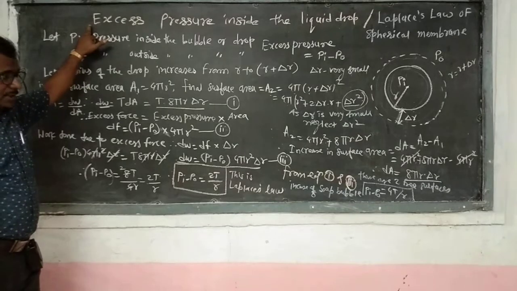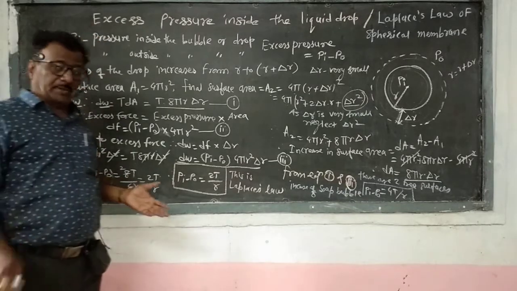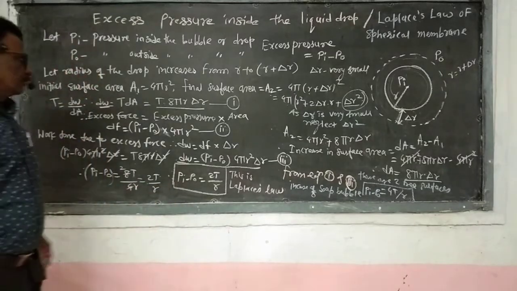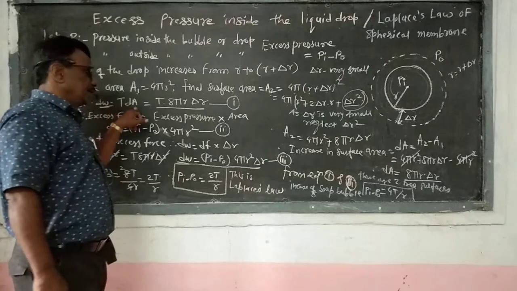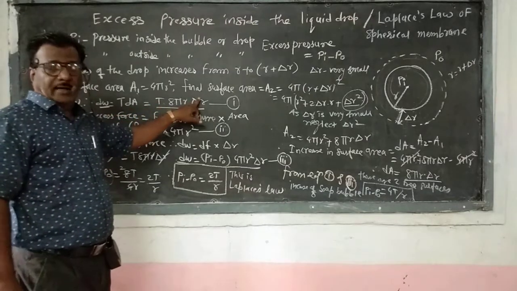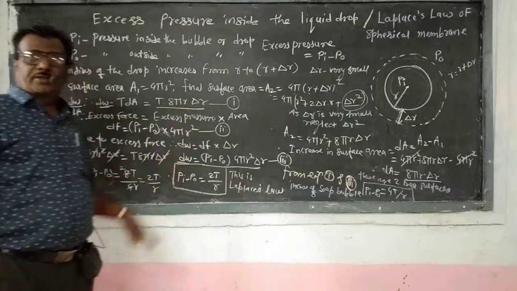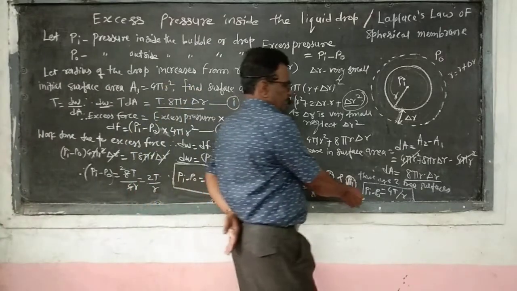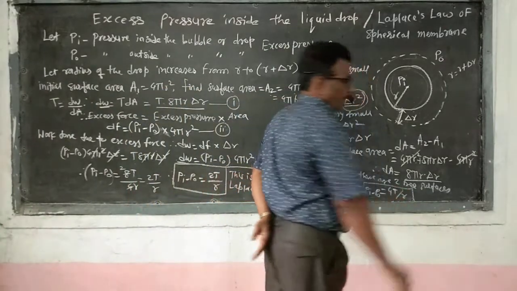If we consider a soap bubble, a soap bubble has two free surfaces. So the work done is T into dA, which is equal to T into 16 pi r delta r. When we compare the equations, we get the second equation, Pi minus P0 equal to 4T upon r.